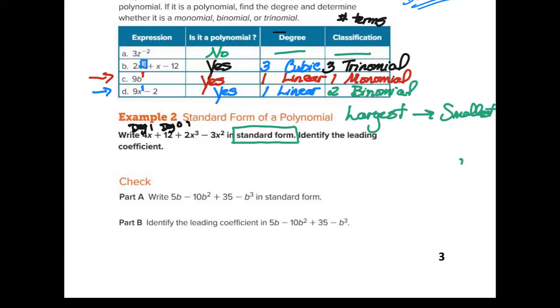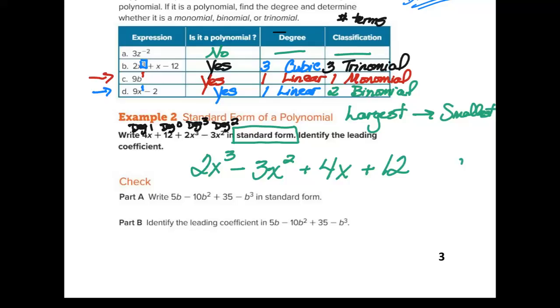This 2x to the third has a degree of 3. And minus 3x squared has a degree of 2. So writing those in order from greatest degree to least is going to be 2x to the third minus 3x squared plus 4x plus 12. That is greatest degree to smallest degree.